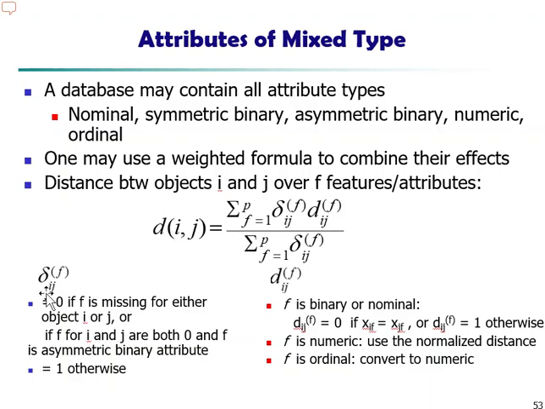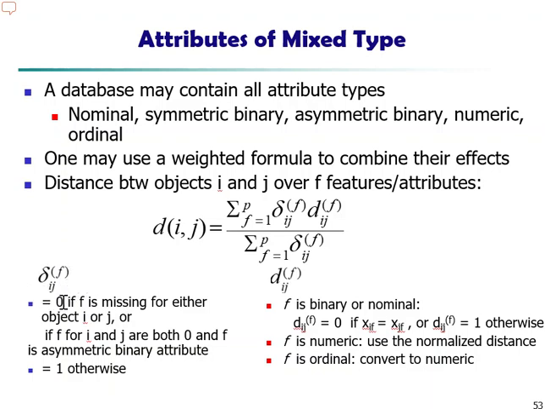There are only two circumstances where this weight will be 0. In all other cases the weight will be 1. The weight will be 0 if i or j is missing a value for this feature. Because one observation is missing a value, there's no way for us to tell what the distance is. Therefore, we're going to disregard that.